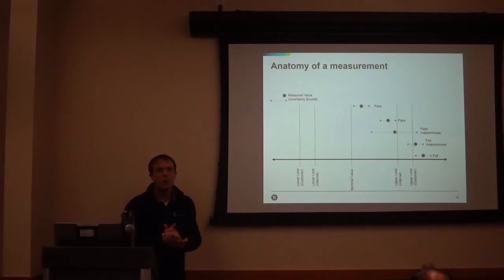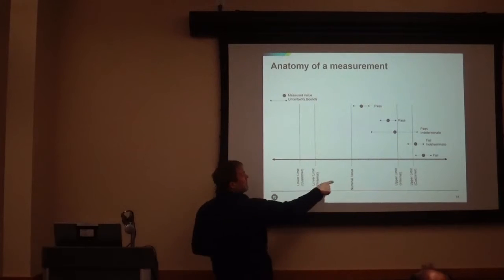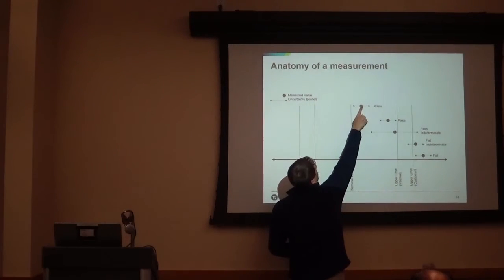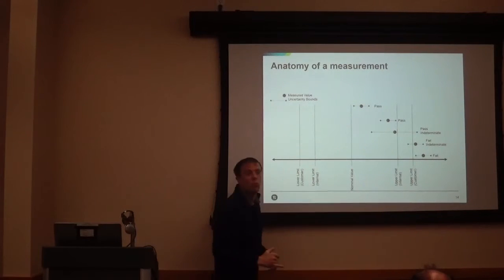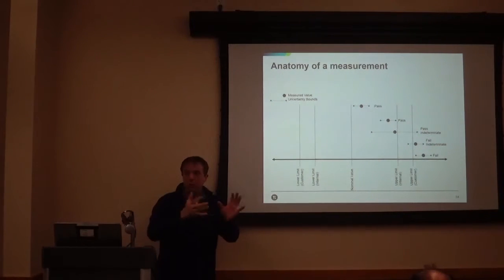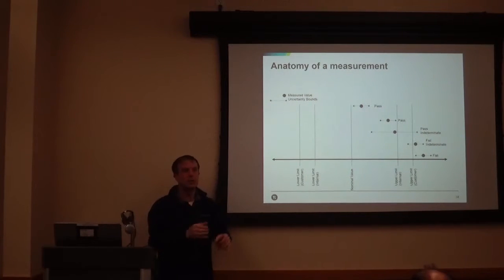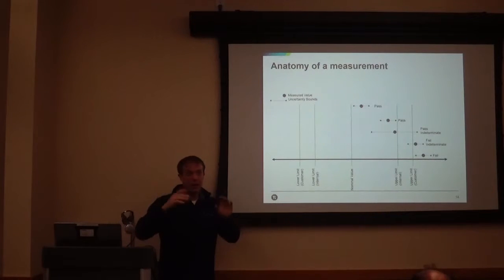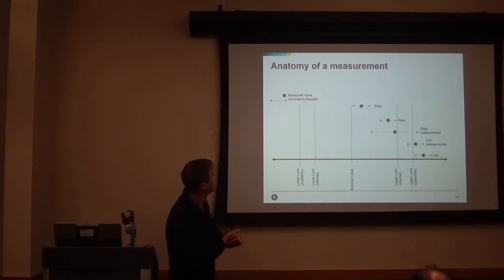So if the value I measured passes and the worst case of my uncertainty within my coverage factor still passes, I'm confident that I can tell you as a customer, this instrument passes with my 99.9% coverage confidence factor, or whatever my K value is.